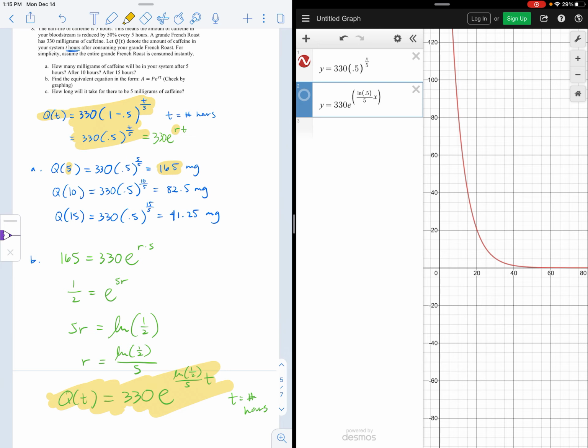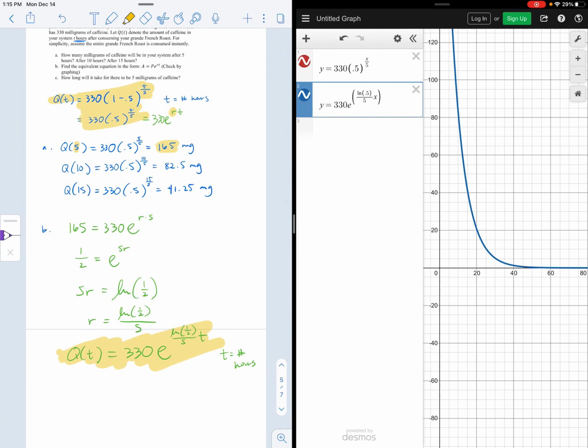Okay, and you can see it's already overlapped. So if I take the second equation's graph off and then I put it on there, you can see they overlap perfectly because they have the exact same points, all of their inputs and outputs. And you could actually prove, if you were to set these two equations equal to each other, that they represent the same thing.